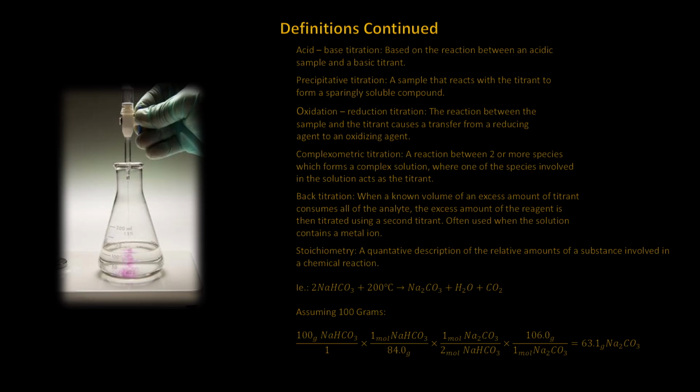It also shows that there was 100 grams minus 63.1 grams, or 36.9 grams of water vapor and carbon dioxide that was driven off. Using stoichiometric calculations, the amount of water vapor or the amount of carbon dioxide gas may also be determined.